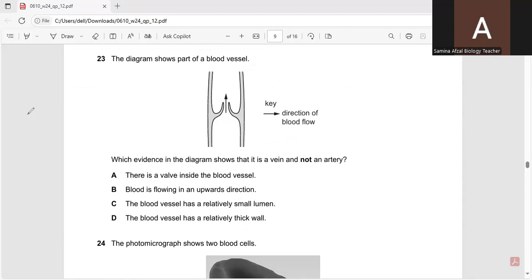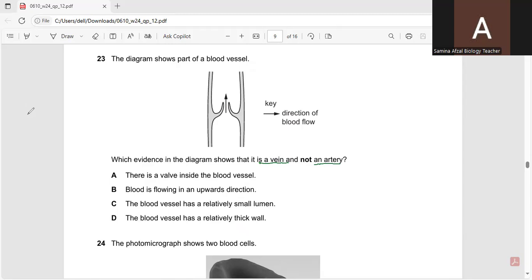We have to think about the differences between the three types of blood vessels, and differentiate here between a vein and an artery.